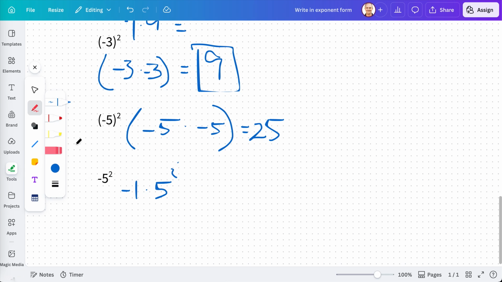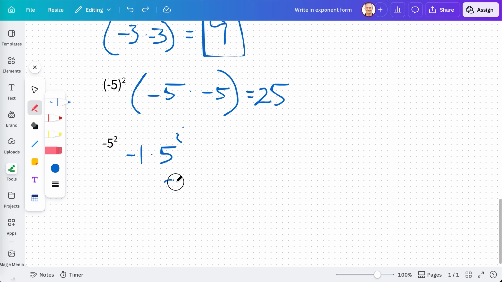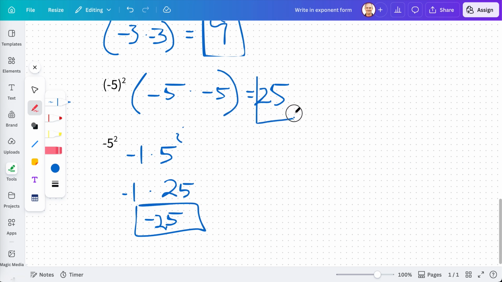Now we do this first. So 5 squared is 25. And then we multiply the negative. Cool. Okay.